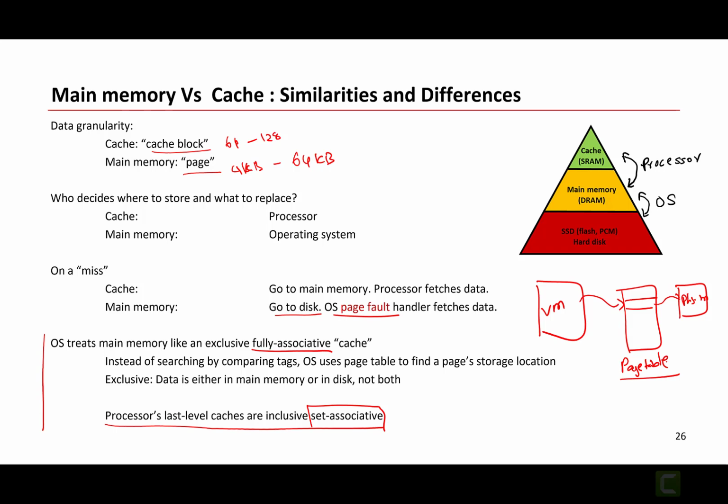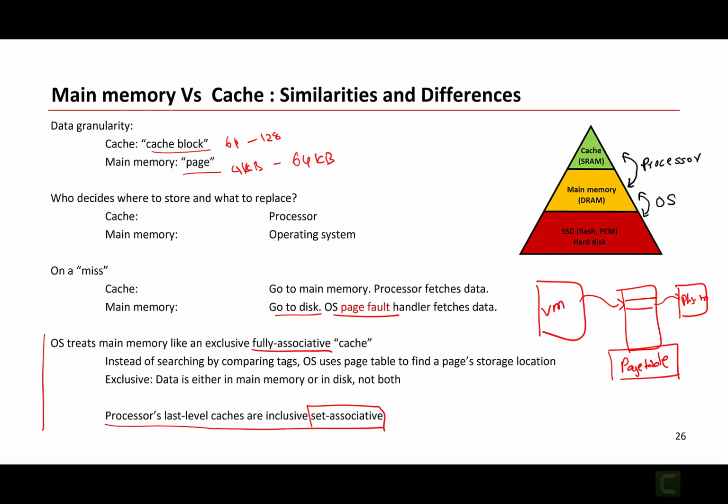And that was too expensive to do all those comparisons. So instead of doing that fully associative search, we can avoid those comparisons by simply having this page table and looking them up and figuring out where the data is.